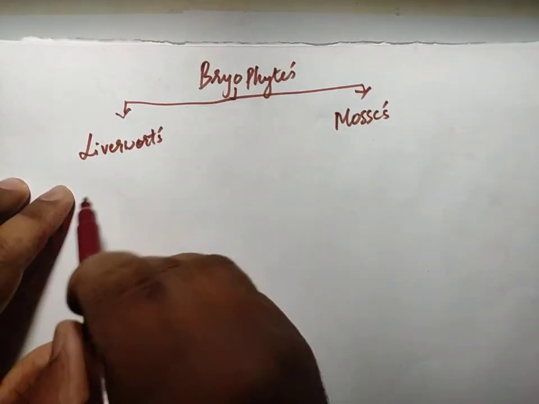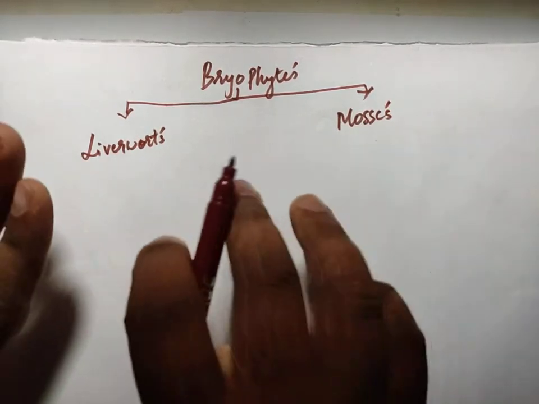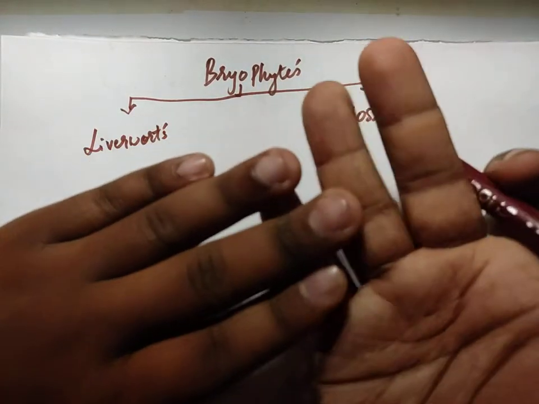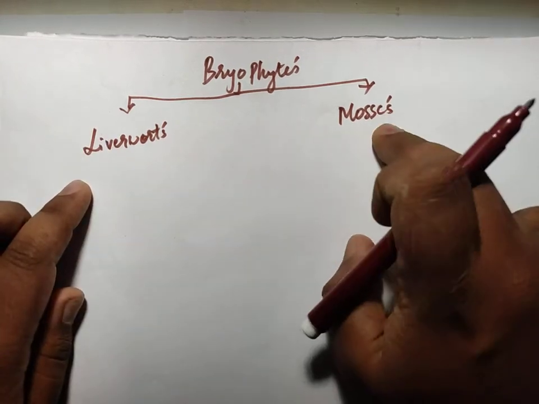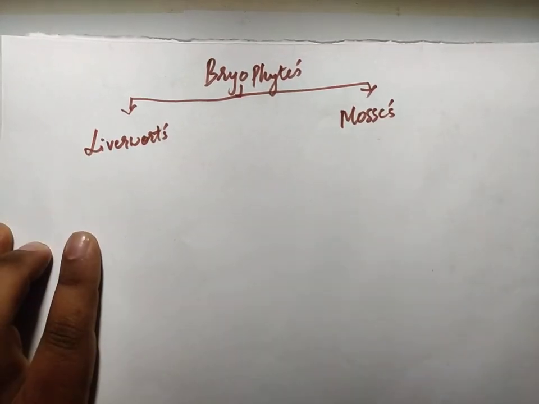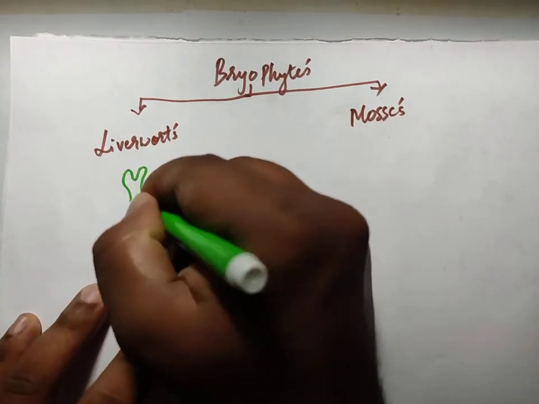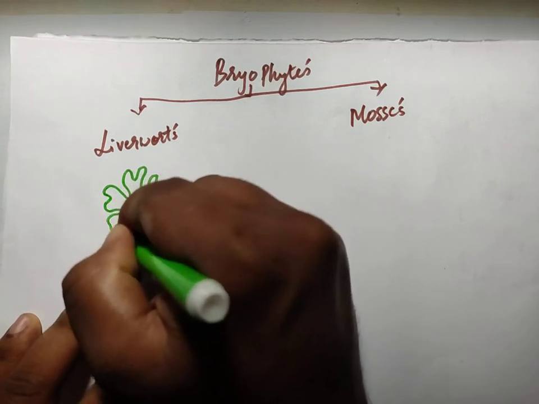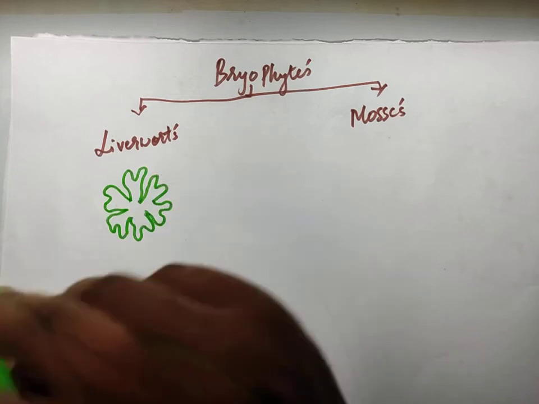Now when we say liverworts, these are the bryophytes which are dorsiventrally flat. Both the upper surface and the lower surface are flat in the case of liverworts, but in the case of mosses it is not like that. See here, in liverworts both on the dorsal side and on the ventral side they are flattened, so they are attached to the soil.